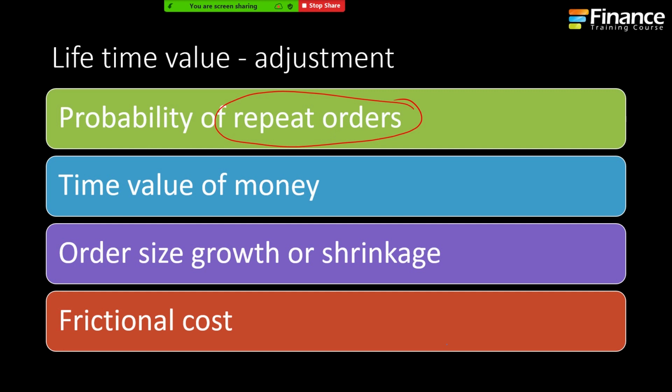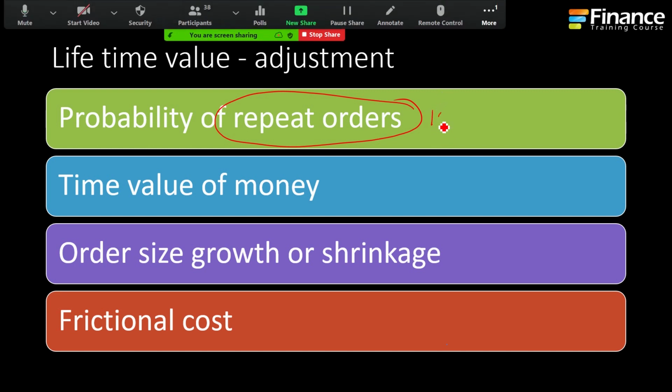Some customers will come back, some customers will not come back, which means that this number will reduce. So let's say the number is 10%. If the number is 10%, then how does the math change? What was the math? 10 into 3 into 900, which gave us 27,000 into 10%, which is 0.1, and that gives you 2,700.